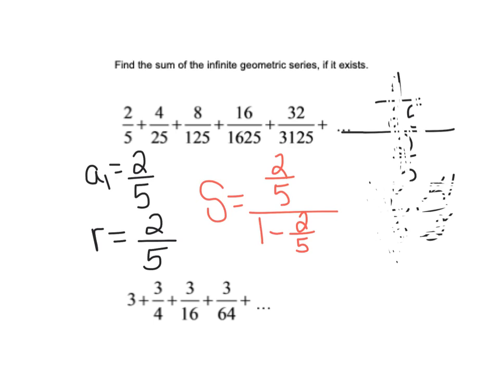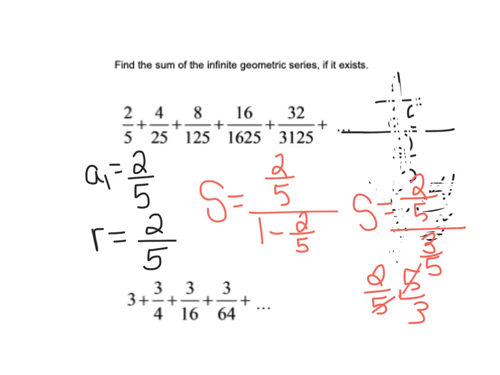So our sum is going to be 2/5 divided by 1 minus 2/5. That's like 5/5 minus 2/5, which is 3/5. And if we multiply by the reciprocal, 2/5 times 5/3 is 2/3. So our sum is going to equal 2/3.